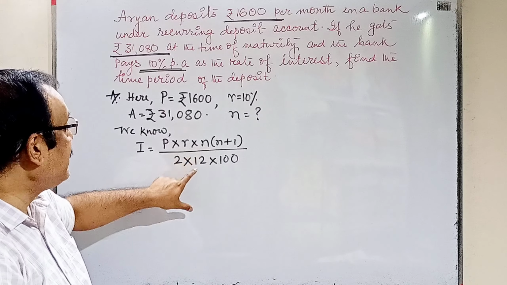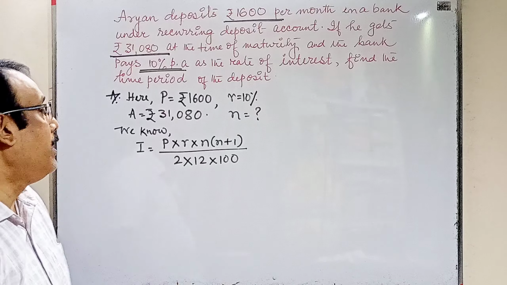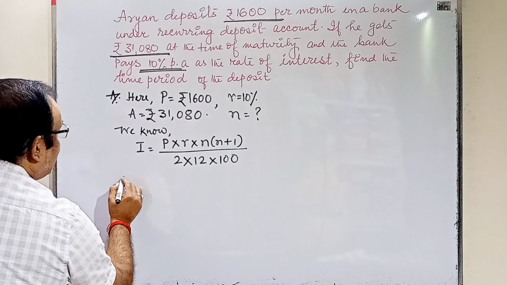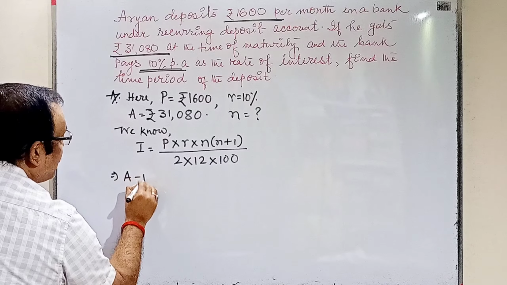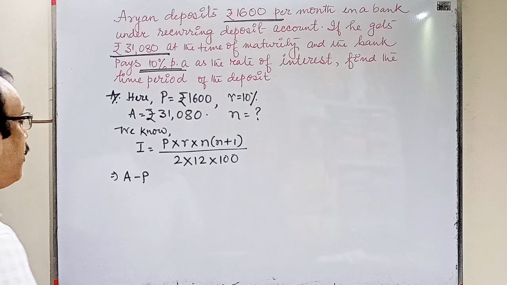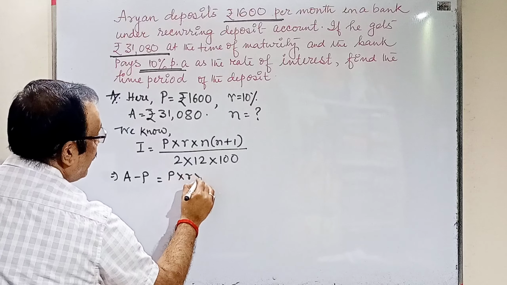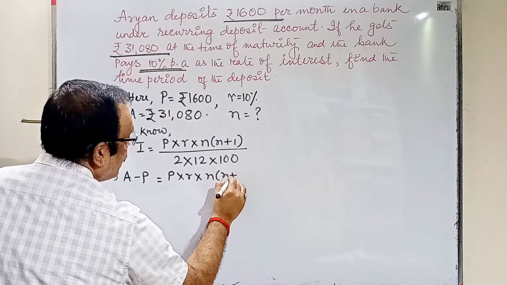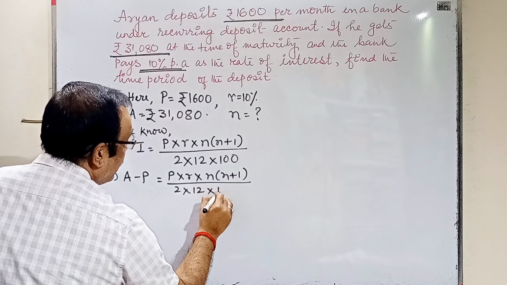We have converted into months. Now this interest is what? Interest is equal to amount minus principal. Amount minus principal is interest, which is equal to P into R into N into N plus 1 divided by 2 into 12 into 100.